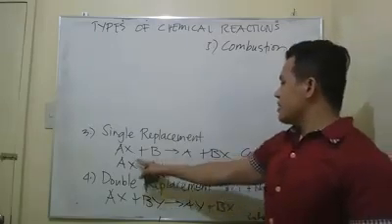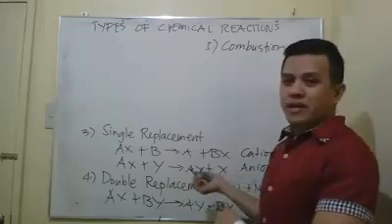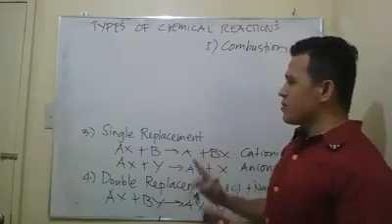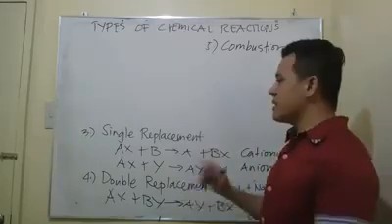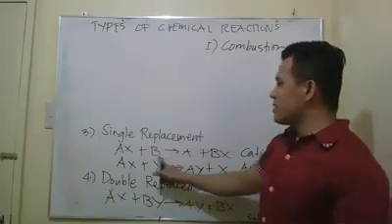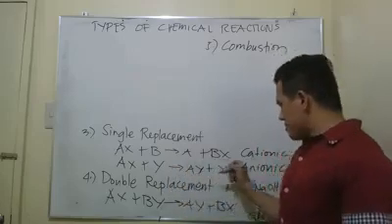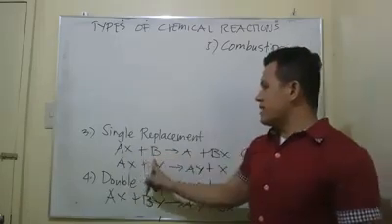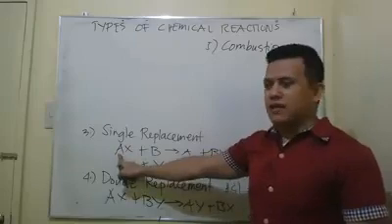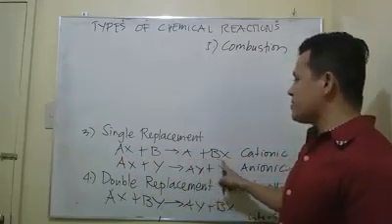It doesn't matter where it comes first, the element or the compound. Always remember, single replacement involves one element and one compound, and it doesn't matter what their order is. So it can also be B plus AX. It's cationic because cation B replaces cation A. So we have AX plus B yields A plus BX.